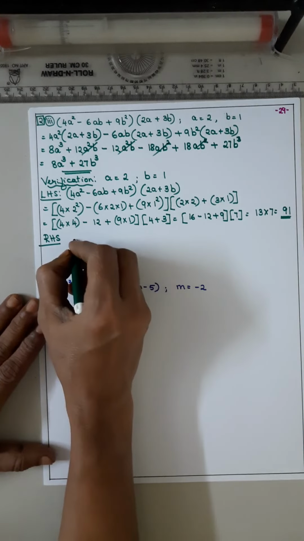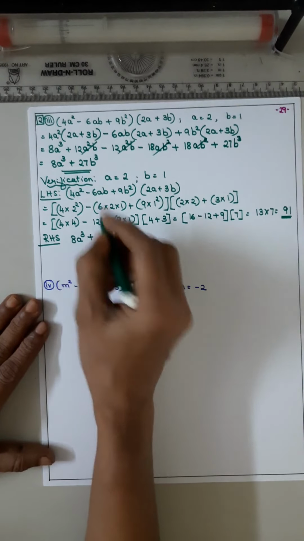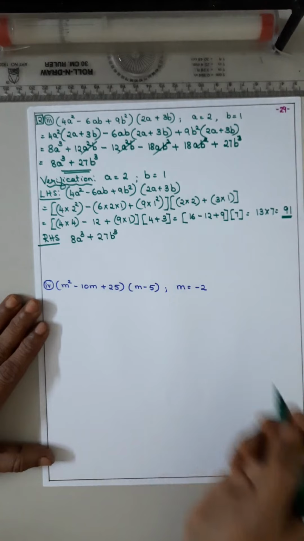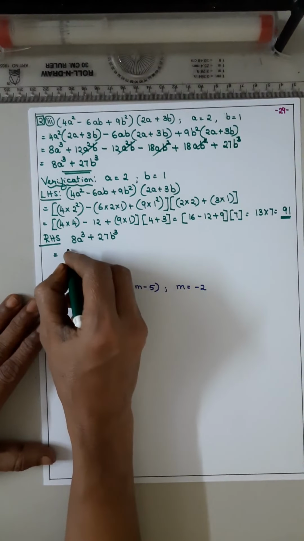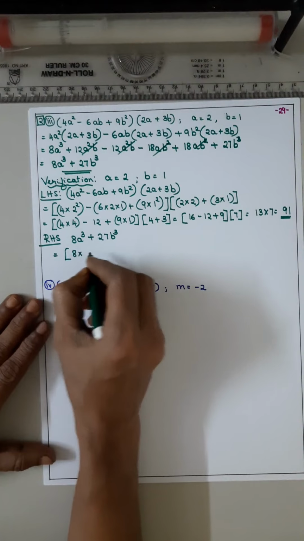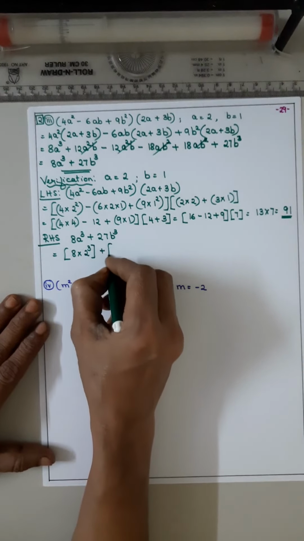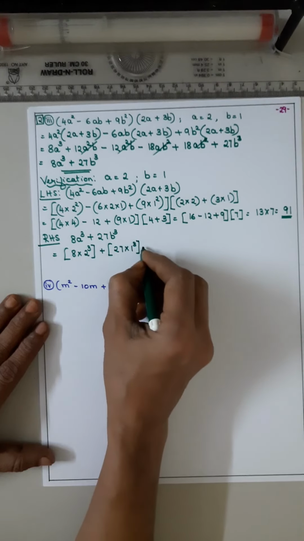It is 8a cube plus 27b cube, the answer what you got. Okay, now put the values. 8 into 2 cube plus 27 into 1 cube.